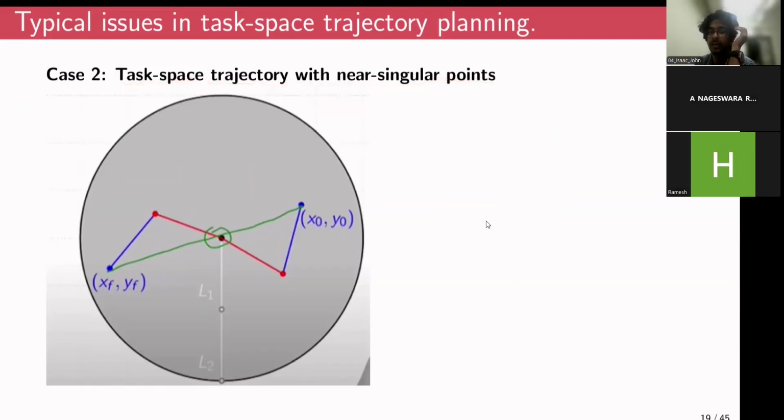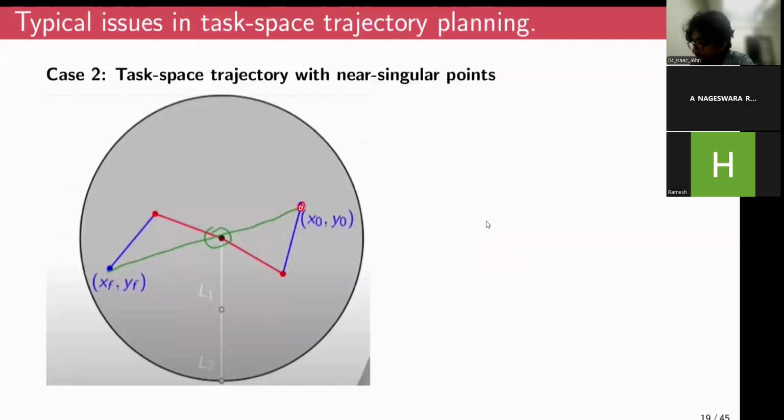We have already seen what a singularity is and in what configurations a singularity occurs, specifically in case of an RR robot. In case of an RR robot, singularity occurs when the link is fully extended like this, or when it is fully folded like this, first link over here, second link over here. In the fully folded configuration also, the singularity occurs.